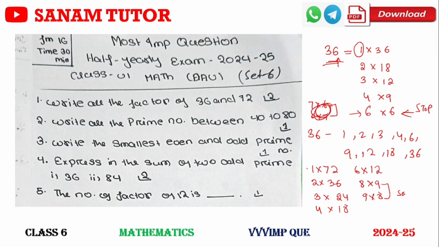Now write all the factors: 72 equals 1, 2, 3, 4, 6, 8, 9, then 12, 18, 24, 36 and 72. These are the factors of 72.